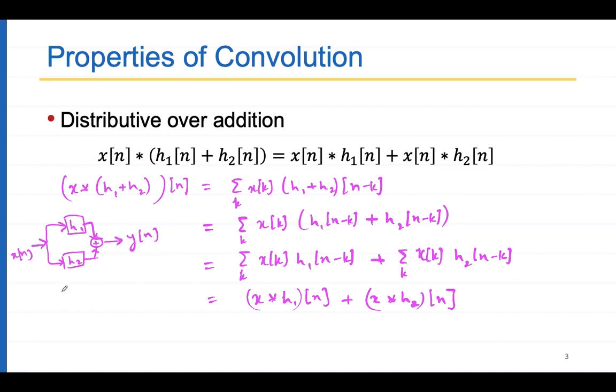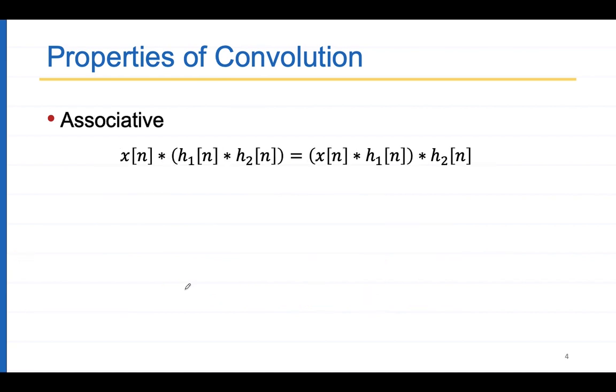Then this is equivalent to x[n] passing through h1 plus h2, giving y[n].